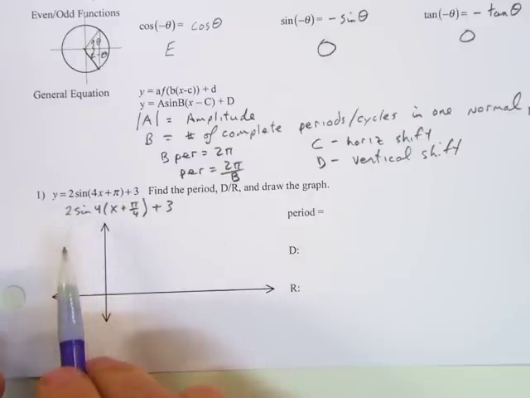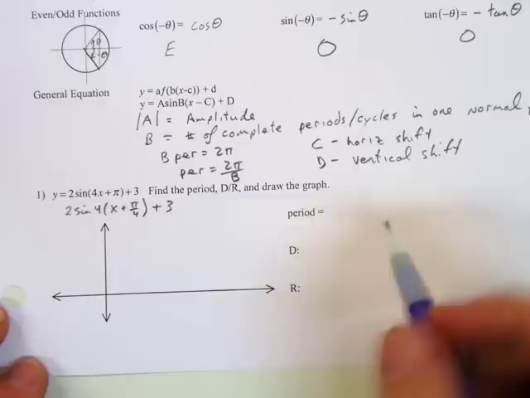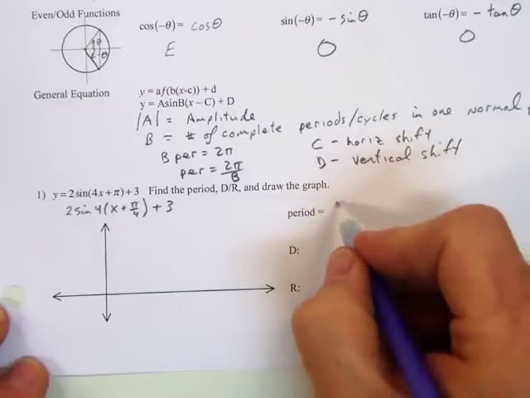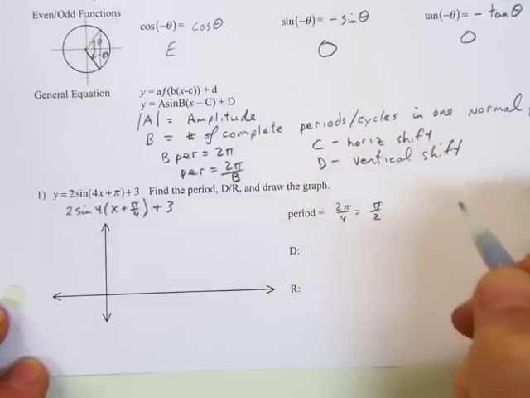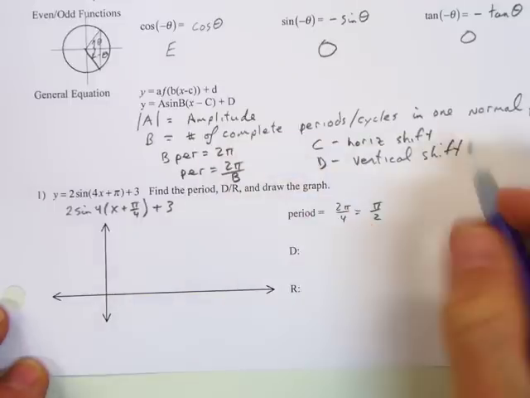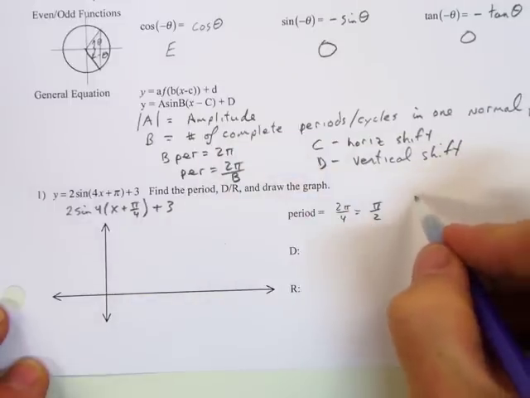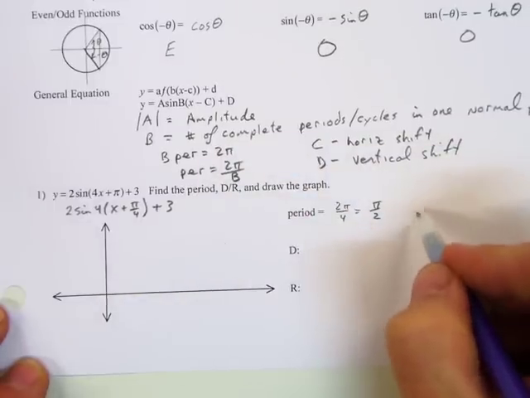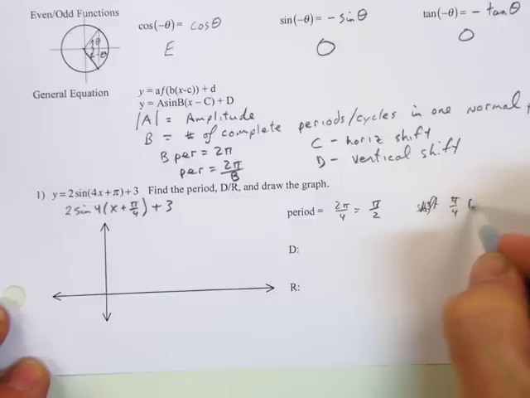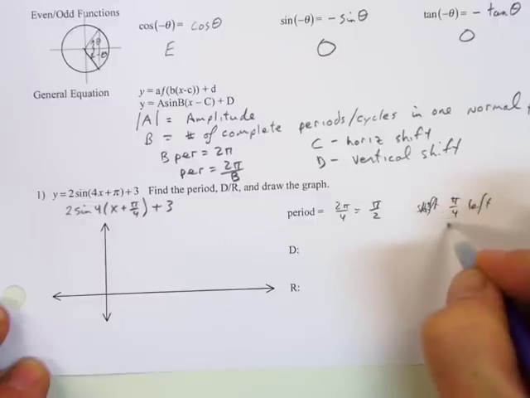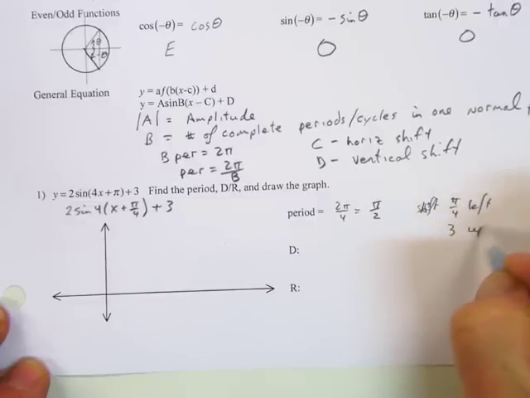It's going to stretch it vertically. The period will end up being 2 pi divided by 4, or pi over 2. We're going to have a shift of pi over 4 left, and 3 up.